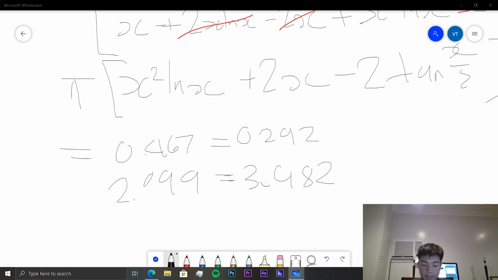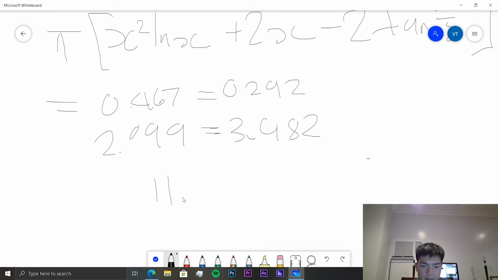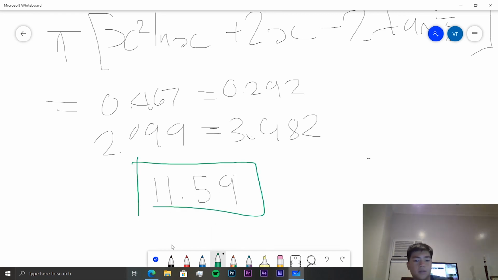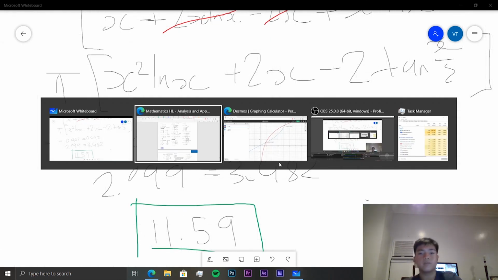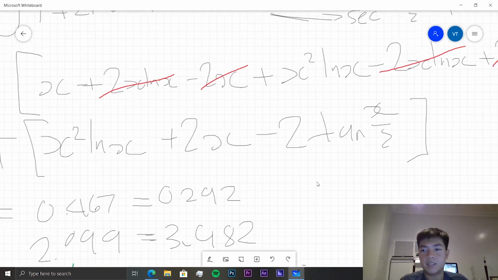So if we have this minus 0.292 and then we multiply this by pi, I'm getting something like 11.59, which is weird. This is a big number. And the book says 3.58. The book says something different.